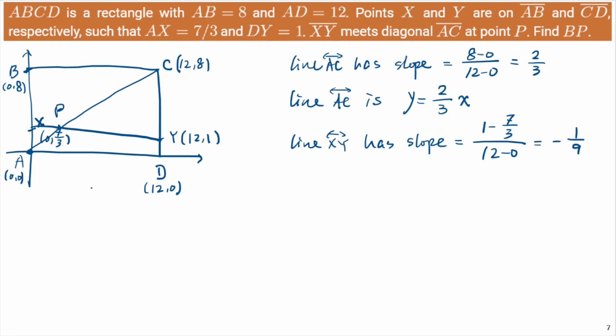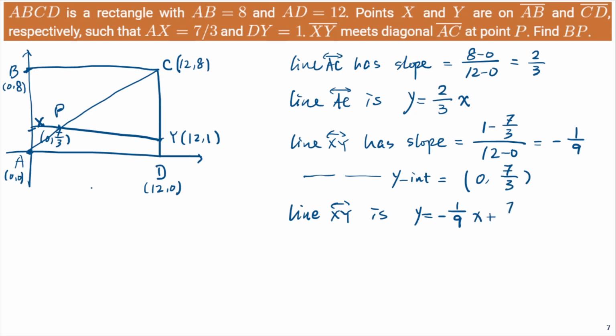And its y-intercept is (0, 7/3). So we have line XY's equation: y equals negative 1/9 x plus 7/3, right?